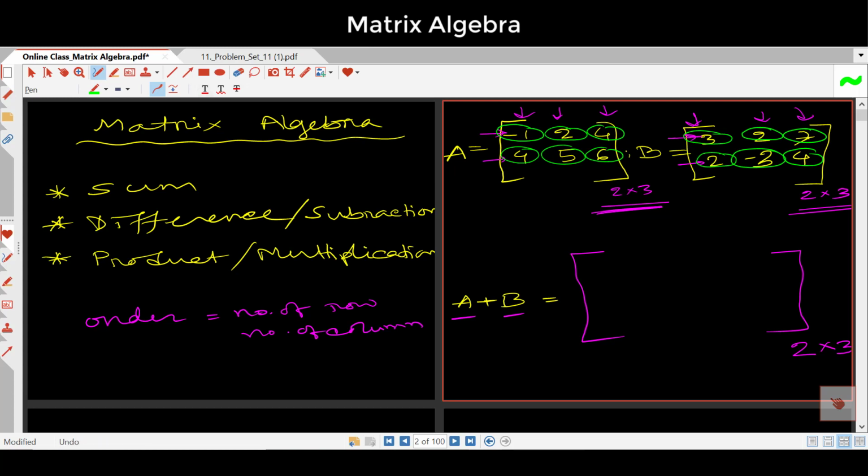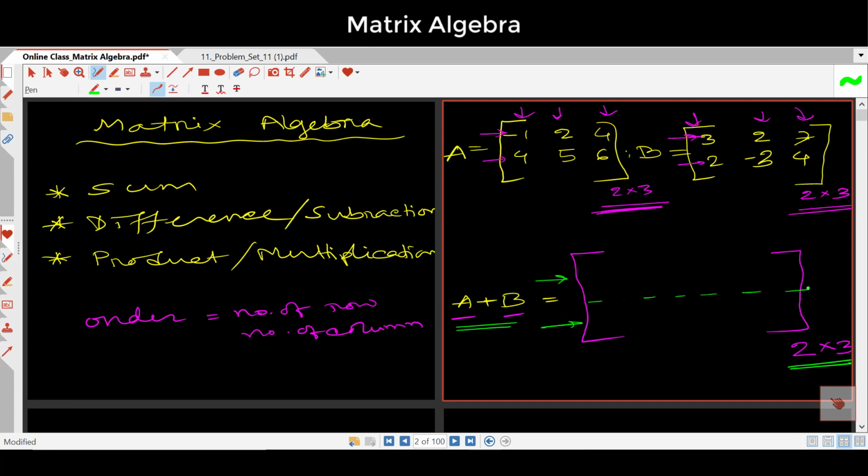So all the way your positions are the same, but you are adding entry wise. So the new matrix A plus B will have 2 rows and 3 columns. So let's say first row, second row, and first column, second column, third column. We are just clearly mentioning how many rows and how many columns we will have finally.